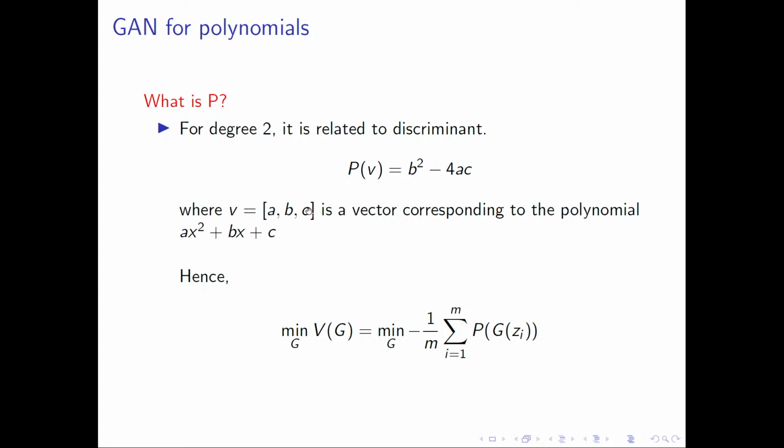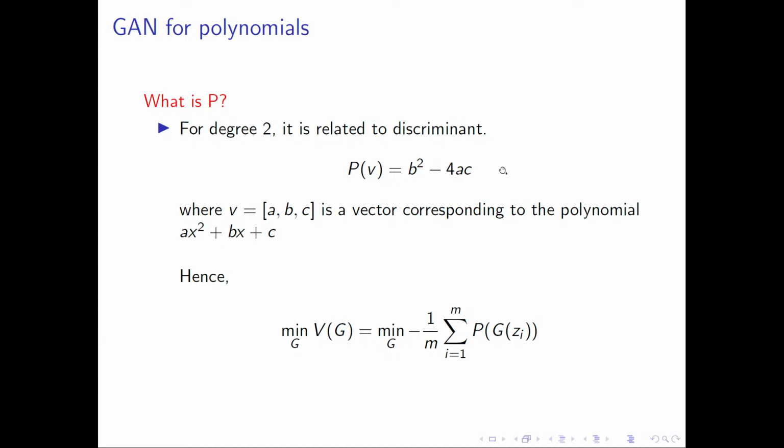For example, V is a vector a, b, c, like we get from the generator, and this represents a x squared plus b x plus c. Then our p function is b squared minus 4ac. That means if it is smaller than 0, this is non-real rooted.